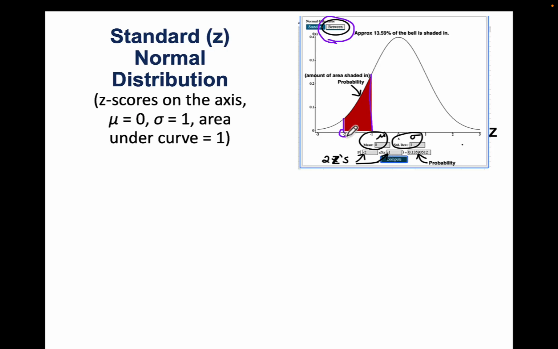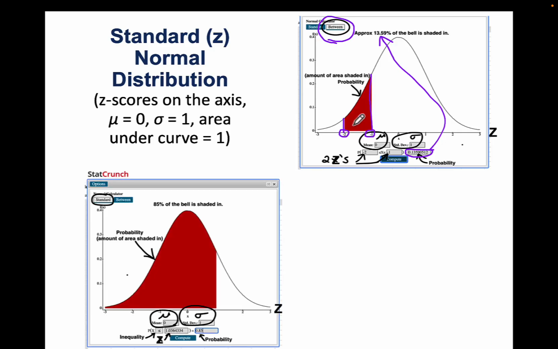So for this one, it's between -2 and -1. That's why you see these values here. Z-scores go here, and then what follows the equal sign is the probability. You can think of this as a percentage if you want to. So this probability of 0.1359 and so on means approximately 13.59% of the bell is shaded in. Sure, looks like a little less than 15%.